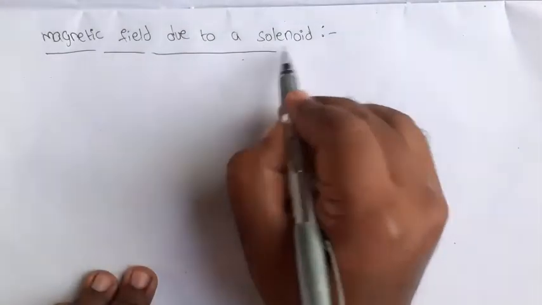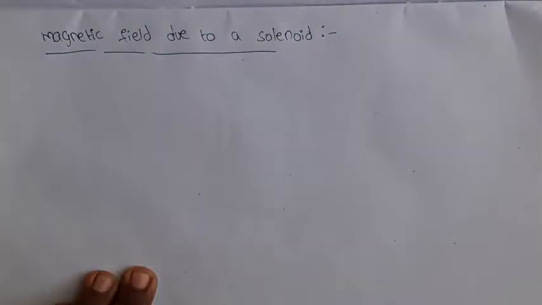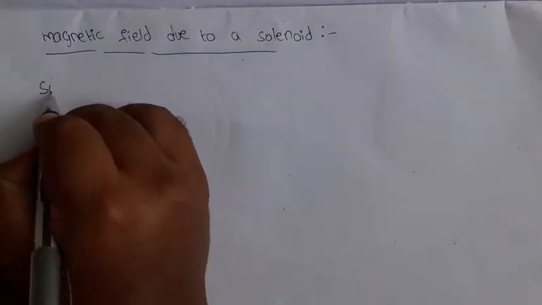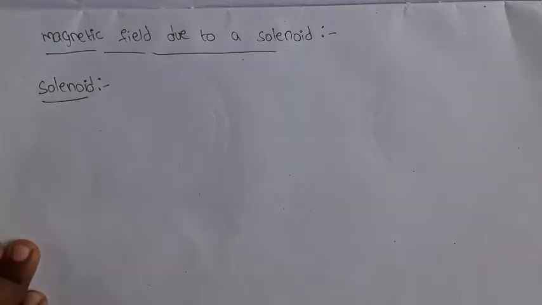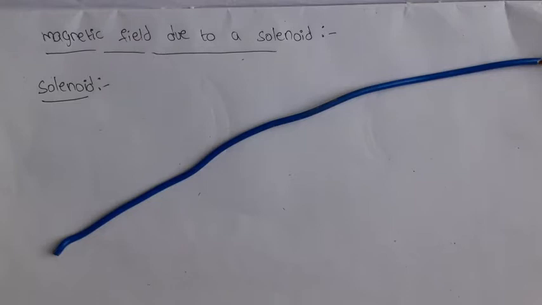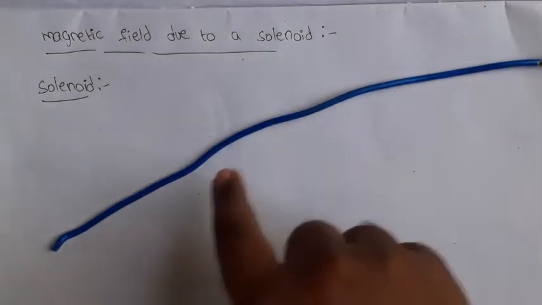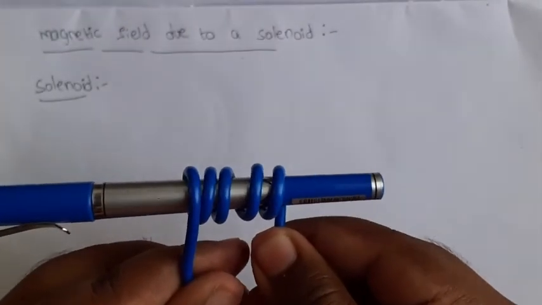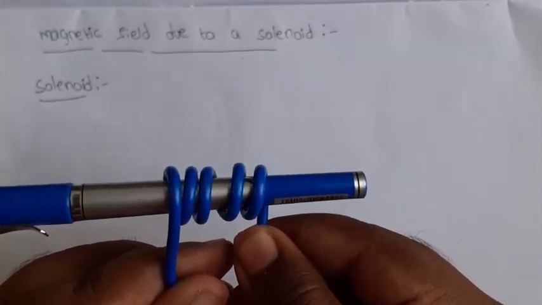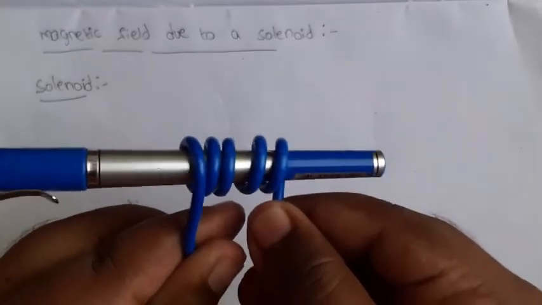Before that, what is meant by a solenoid? For the making of a solenoid, I am taking a straight wire. This straight conductor is tightly wrapped into a helical coil of insulated conductor.